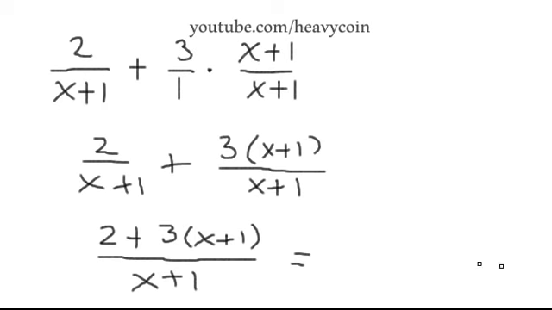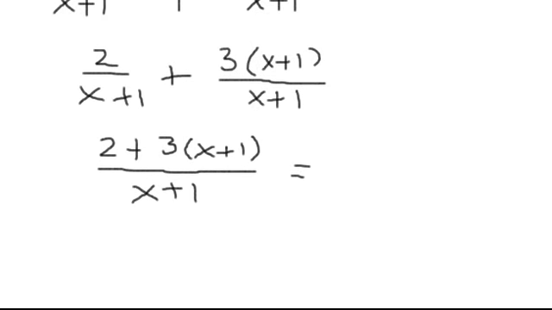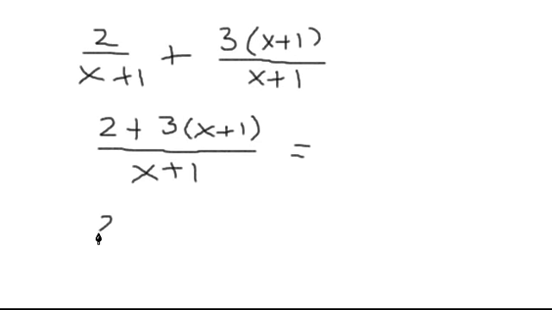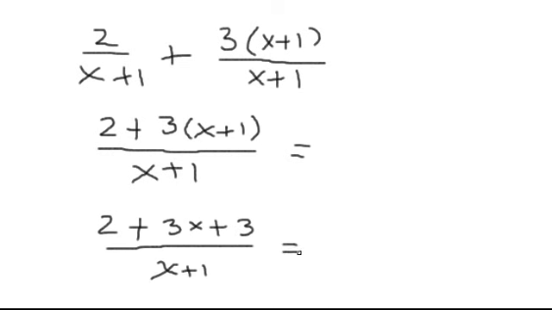And we can distribute, I think instead of writing it out to the side there, I'll just continue down. So 2 plus, distribute this 3, so we have 3x plus 3, because 3 times 1 is 3, over x plus 1. Collecting like terms up here in the numerator, we end up with 3x plus 5, and that's over x plus 1. That's as far as we can go with that.